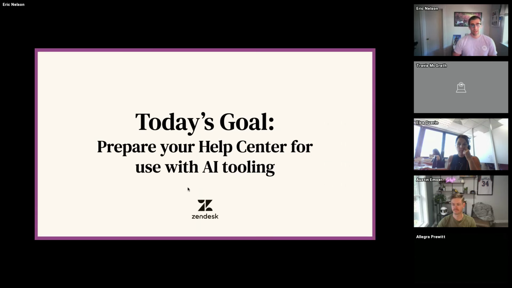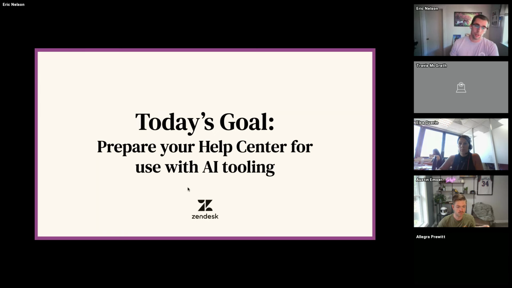So today's goal, as I said, is just trying to prepare your help center for use with AI tooling. This can mean a lot of different things, and there are a lot of different areas of AI. For the most part, you're going to see me focusing on response generation. A lot of this is for folks that are using Zendesk AI or another vendor in the space, allowing you to get more out of utilizing your help center as a context source for those responses getting generated.